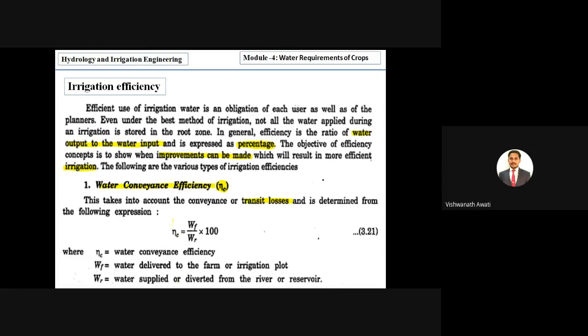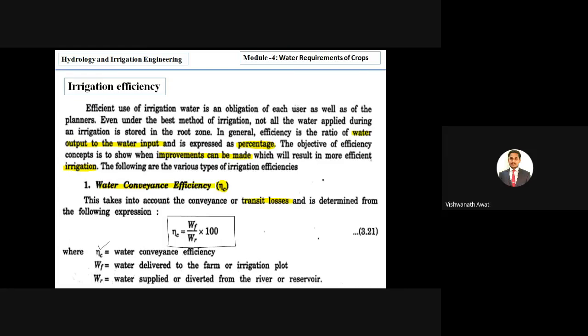This formula is very important. The formula to calculate water conveyance efficiency: eta C equals WF by WR into 100.